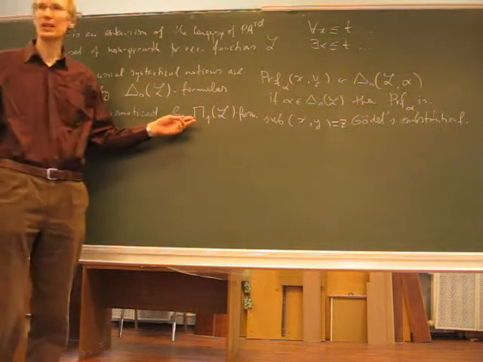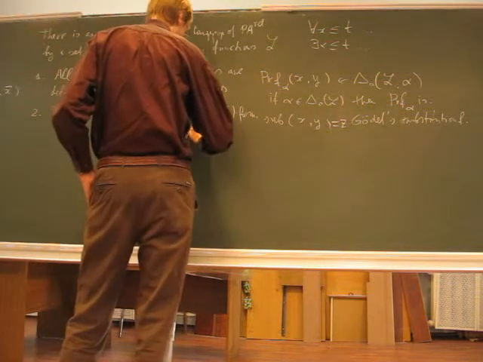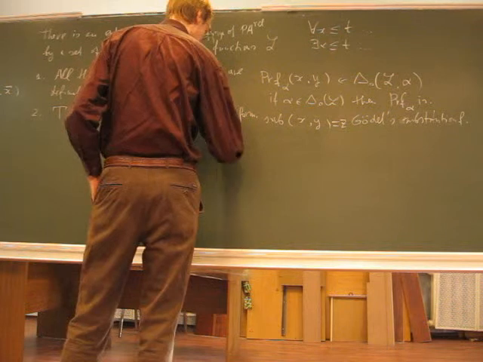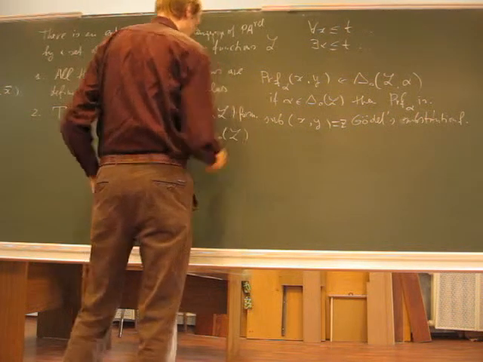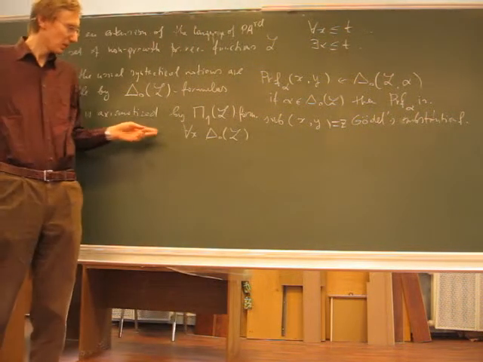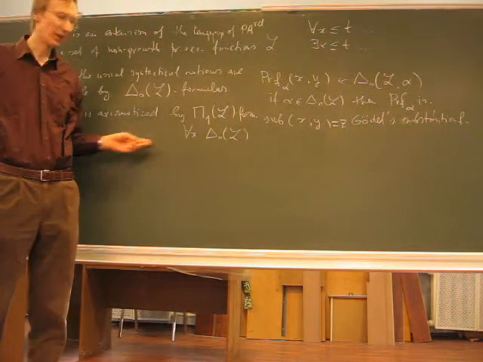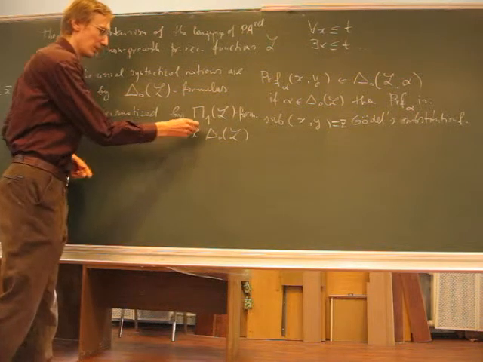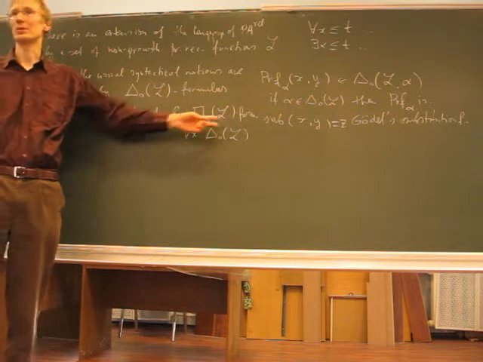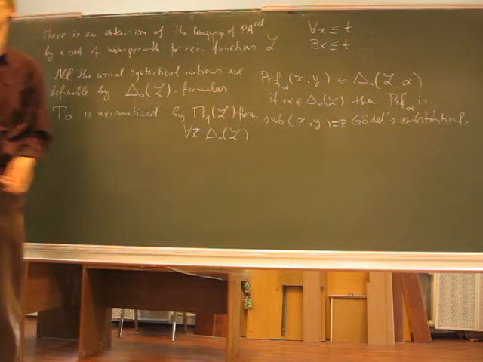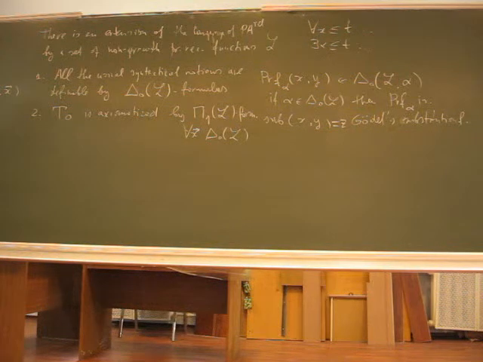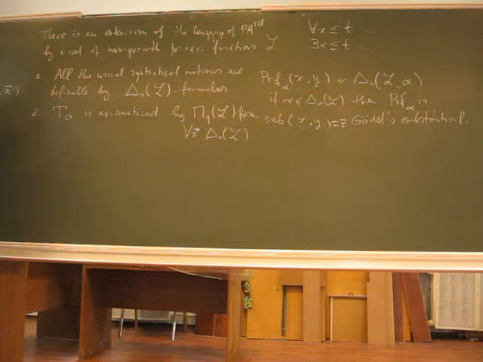By Pi 1 of L, I mean formulas of the form for all x, Delta 0 of L formulas prefixed by a number of unbounded universal quantifiers. So an analog of the usual Pi 1. So we require that every axiom of the theory T0 is like that.